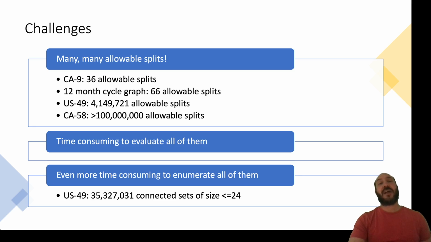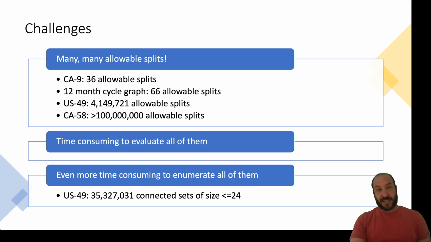However, once you get to a graph like the 48 lower states plus DC, which I call the US 49 graph, that graph already has 4 million plus allowable splits. When you get to the 58 counties of California, you're over 100 million allowable splits. So it's going to be prohibitively time consuming to evaluate all those splits.